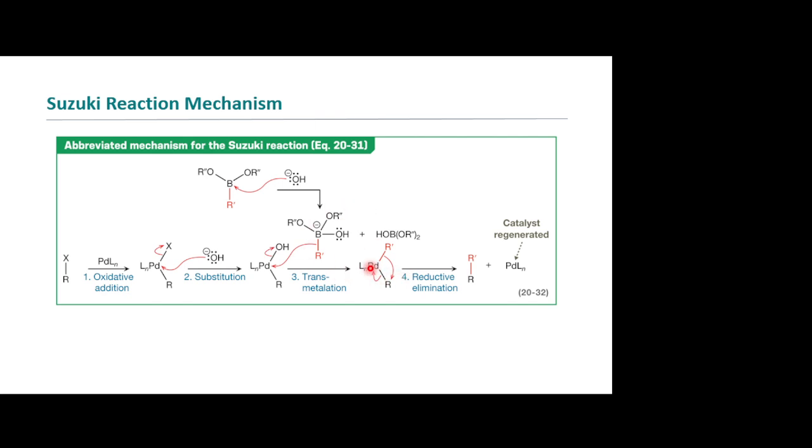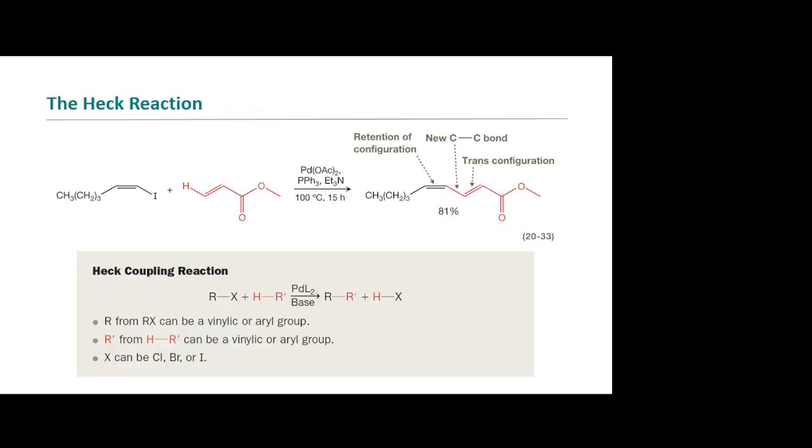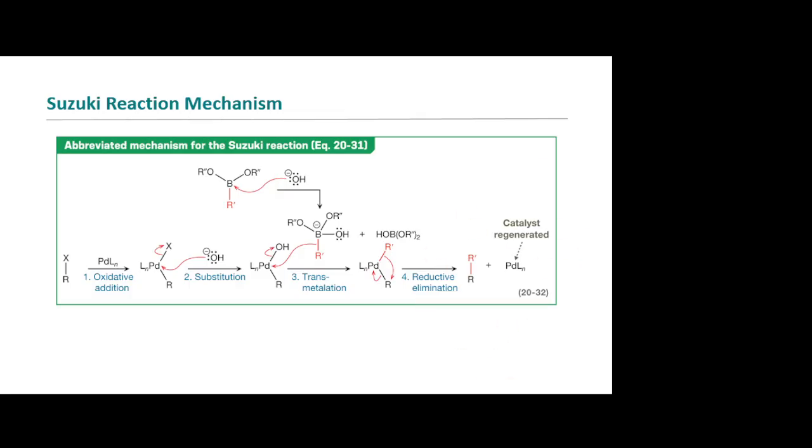This is one of the reasons you need the ligands, by the way, so they can pull electrons and keep those electrons in this structure. And this is going to end up being your reductive elimination. Notice, again, you're eliminating this group, and it is a reductive elimination because you're reducing this by having less electronegative electrons on it. And so we remove this, we regenerate our catalyst right here, which is the palladium with the ligands on it. And we can just do this over and over and over in cycles until we run out of our actual reactants.